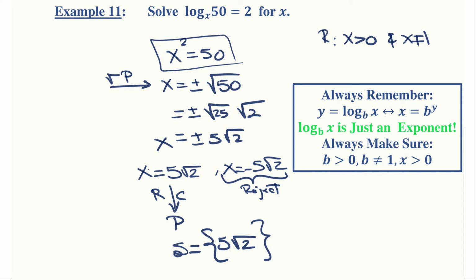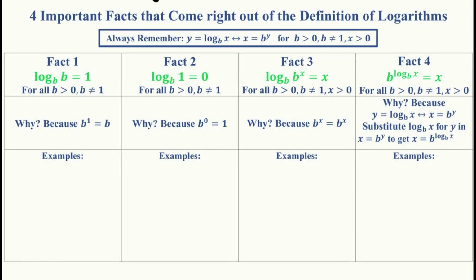Okay, so just a little minor twist, but it's important to pay attention to it. So again, make sure you can do this before you proceed. All right, next we want to take a quick look at a few facts that pop right out of the definition of logarithms. One quick fact is that if you take the log base b of b, that's just going to be 1.